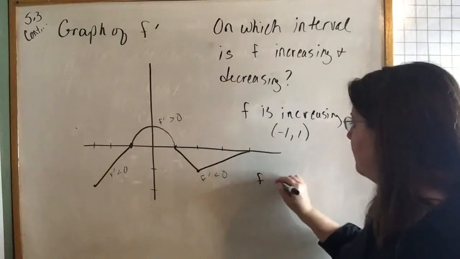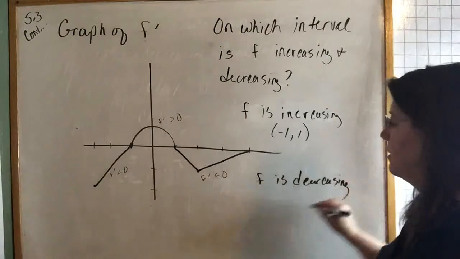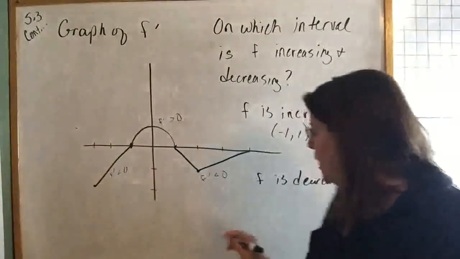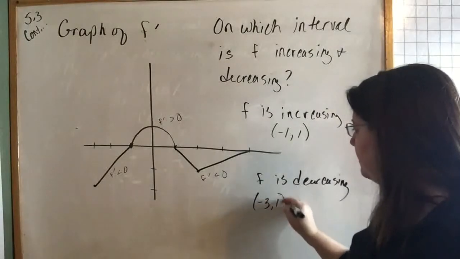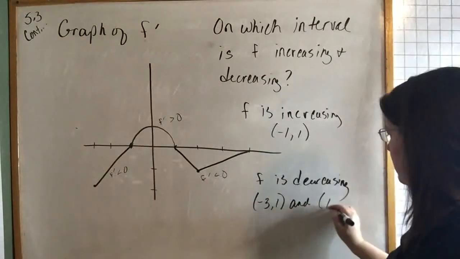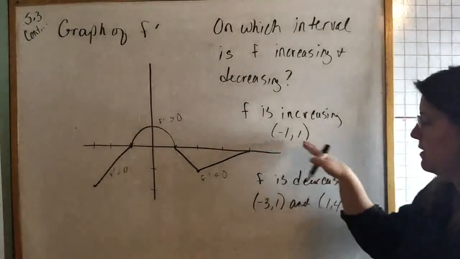Here we can say f is decreasing from -3 to 1, and from 1 to 4. Those are open intervals, so I used parentheses to signify those.